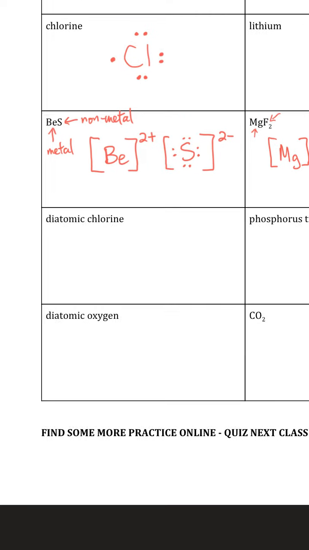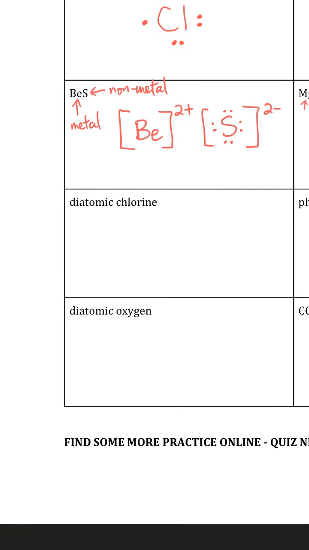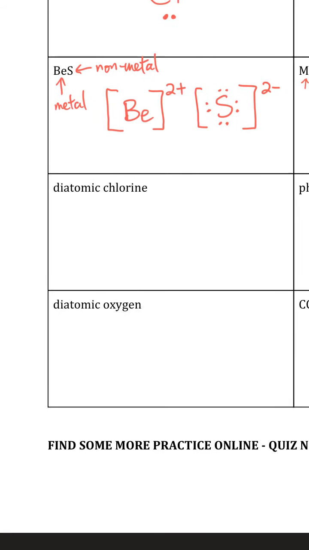Let's look at diatomic chlorine. Now, if you remember back to all of the diatomic compounds, they form a number 7 on your periodic table in the nonmetals. So you can go back to make sure you've labeled all of the ones that form diatomic compounds.